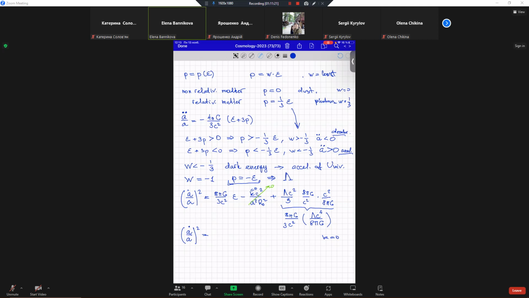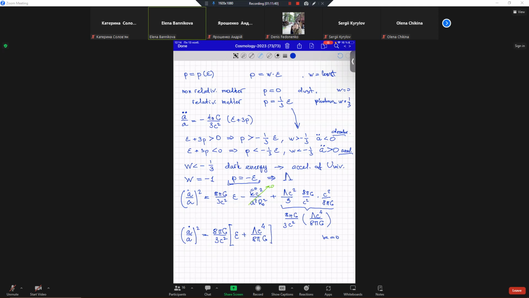So I can write 8πG over 3c square, times epsilon plus lambda c^4 over 8πG.